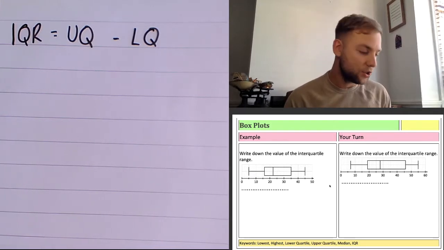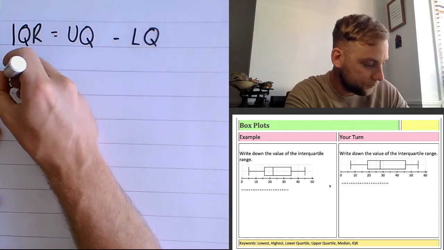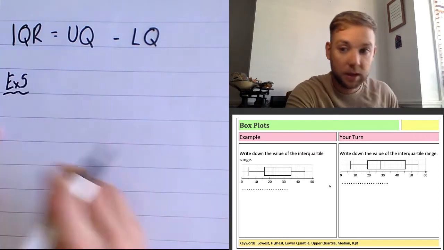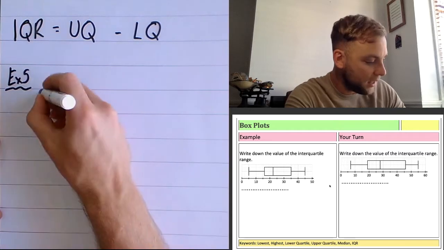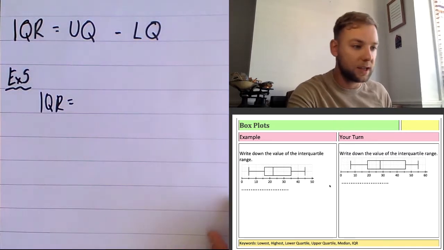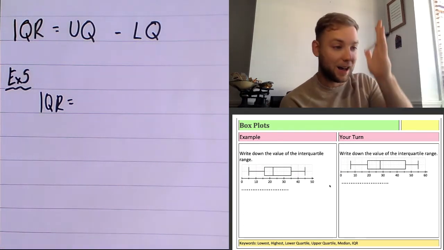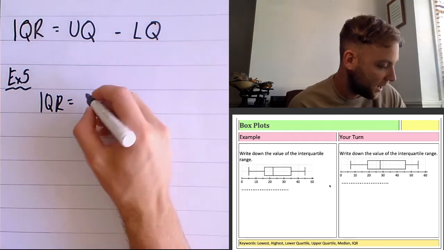So let's have a look at this one then, example 5 on here. Remember your interquartile range is equal to your upper quartile take away your lower quartile. So what's my upper quartile with this one? Well, my upper quartile is that line here, which is on 35.